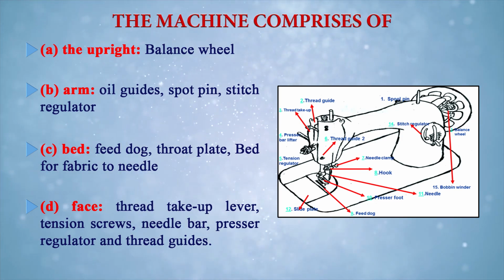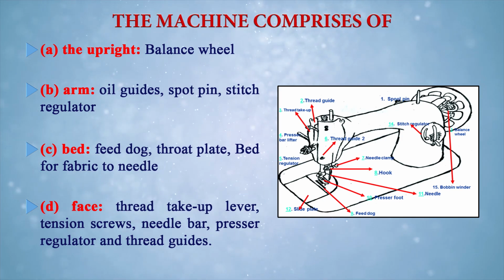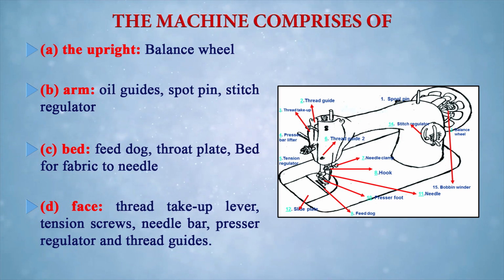All these parts are on the face side of the machine. These four are the basic broad parts of the machine, and the other small parts are included under these broad parts.